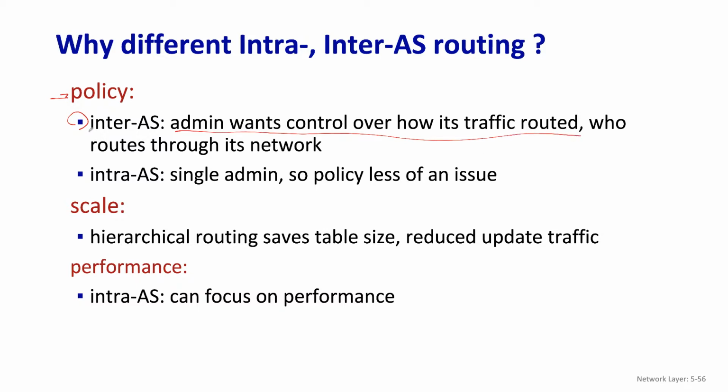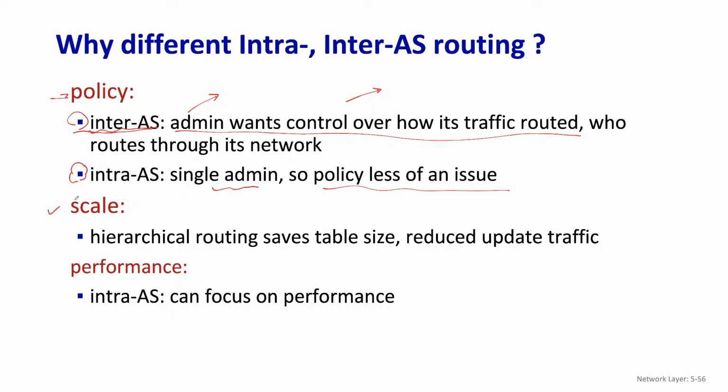As a policy, these are regulations on how the network will function. On the other hand, the intra-autonomous system has one single admin, so the policy is not a problem because you are the one who created the policy. But within the inter-autonomous system, it's not your policy, so you cannot enforce a policy that is not yours, right?